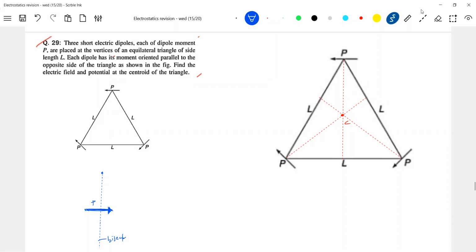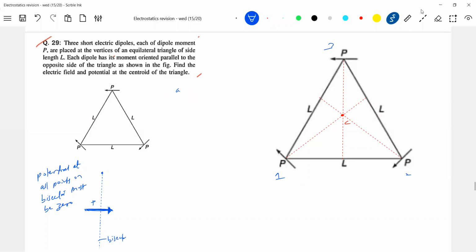Should be 0, no? Potential at all points on the bisector must be 0. So there's 1, 2, 3. Definitely the potential at point C must be 0 due to each individual dipole. Don't take superposition again; due to an individual dipole, it should be 0.